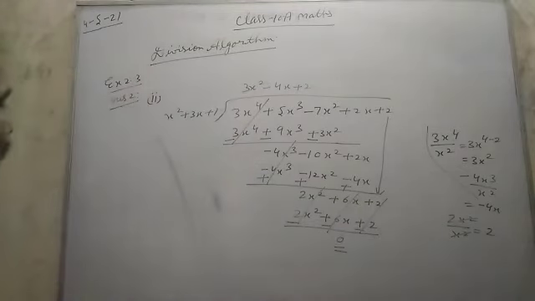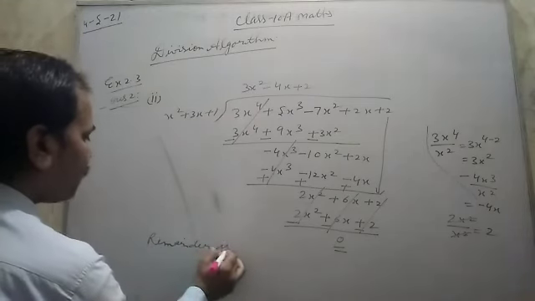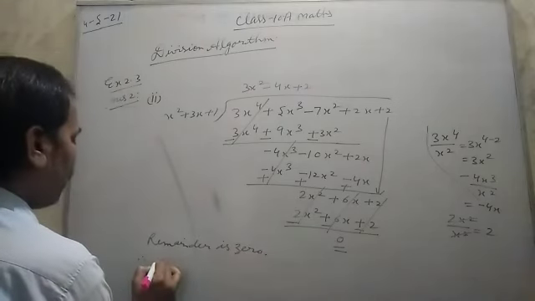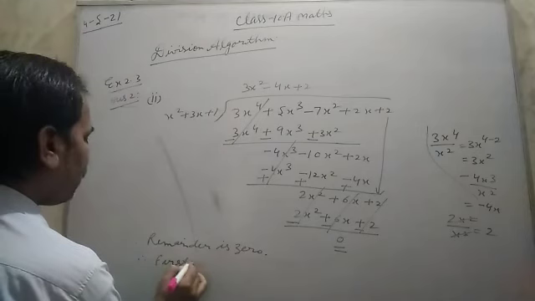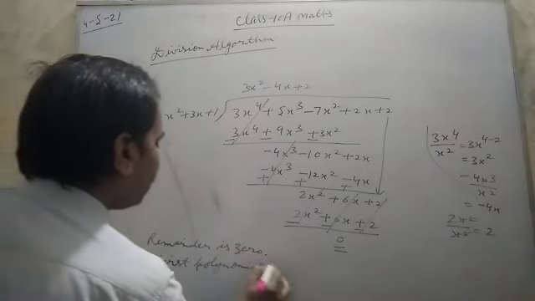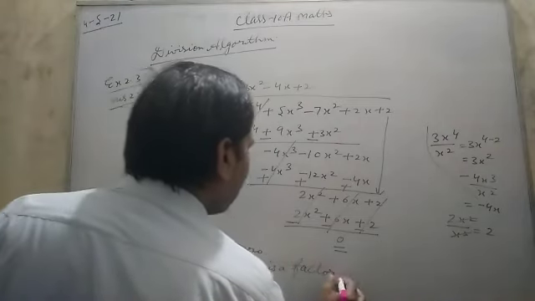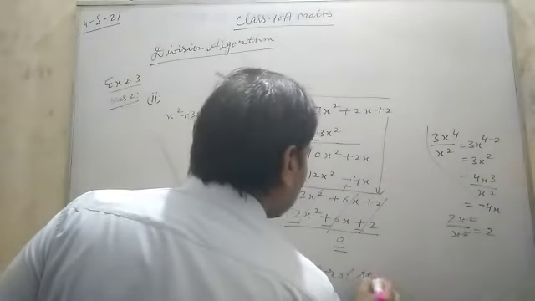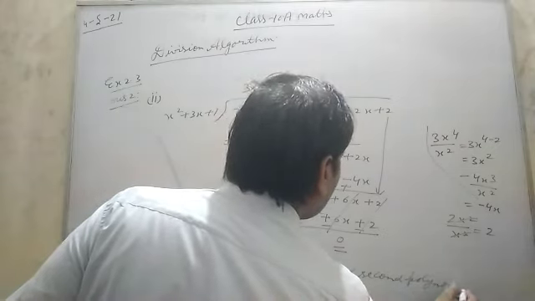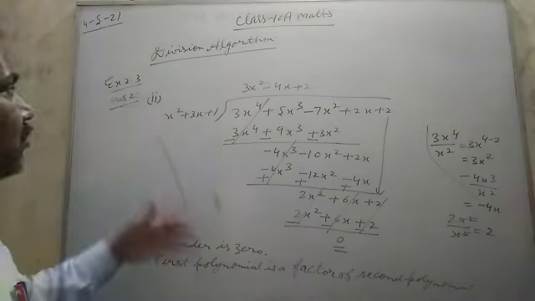Okay, so what we will write: since the remainder is 0, therefore the first polynomial is a factor of the second polynomial. Okay. And like this, the remaining parts, first and third, you do by yourself.